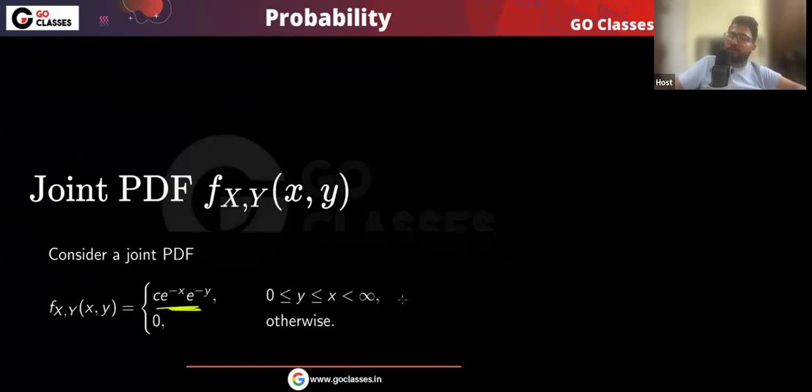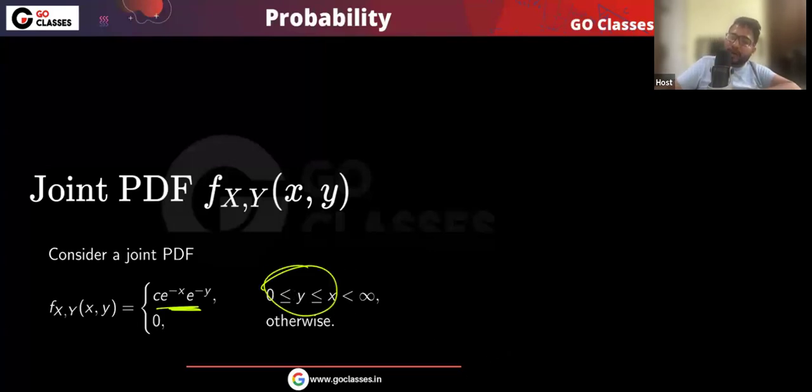Instead of just x or just y, it will be the function of x and y. So notice here, there will be a relationship between x and y. There might be, there might not be. I'm not saying there will always be. Here they are saying that y is from 0 to x and x is from 0 to infinity. X can take the value from y to infinity or 0 to infinity, whatever you like to say. So there's a relationship between x and y in this joint PDF.